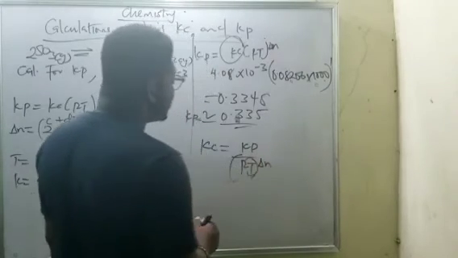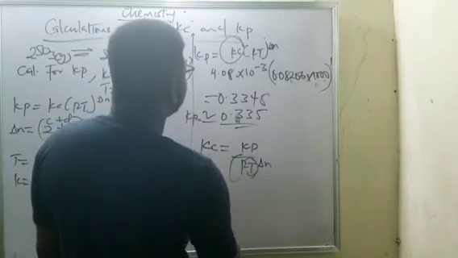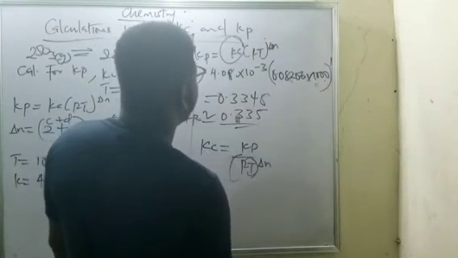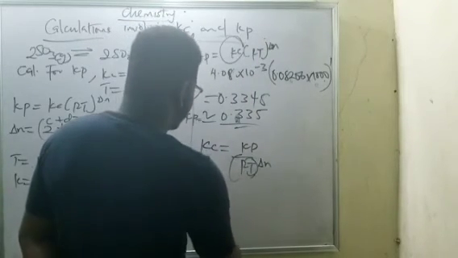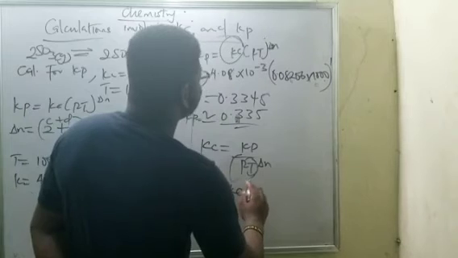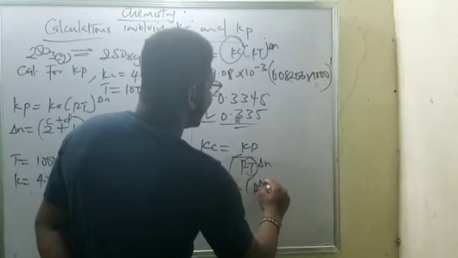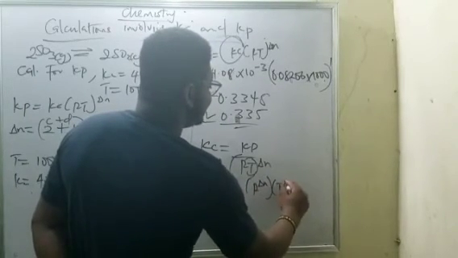So if I were looking for T, first I will be able to expand this. That will be Kp is equals to Kc, then R delta n, then T delta n.